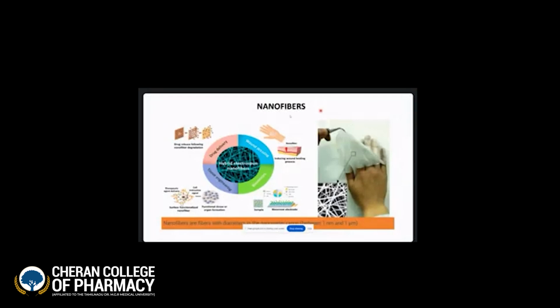Always, when we want to make any ideal wound dressing, a few things we need to remember. One, your drug therapy should be cost efficient. Everyone needs to be able to use it. Whatever substance you are using should be biodegradable and very compatible with the tissues.